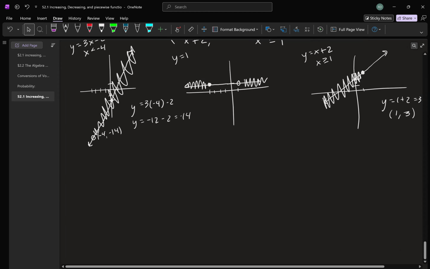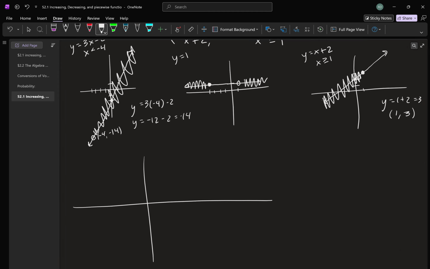Now let's put these all in a graph together. So I need to get all the way down to -14. I'm just going to go by fives. So that's -5, -10, -15. That's going to be -4, -14 with an open circle.